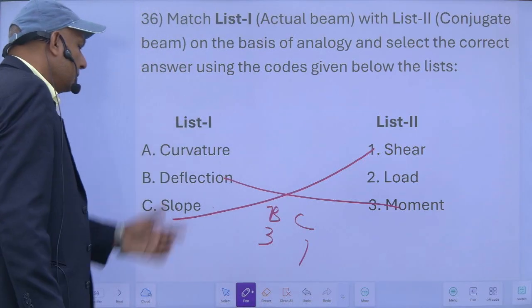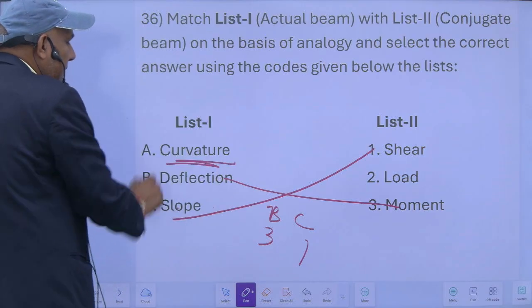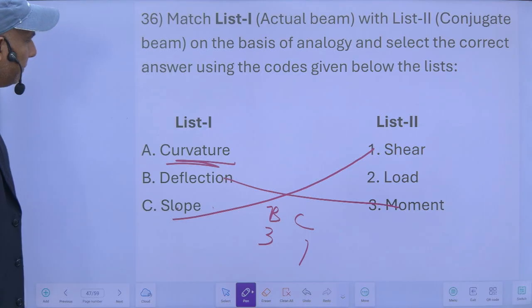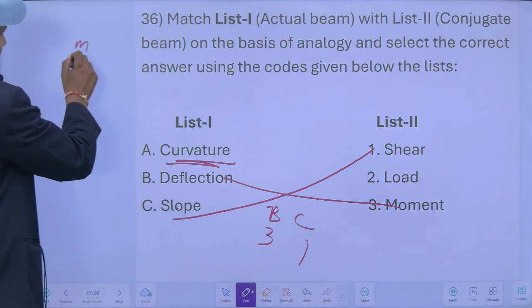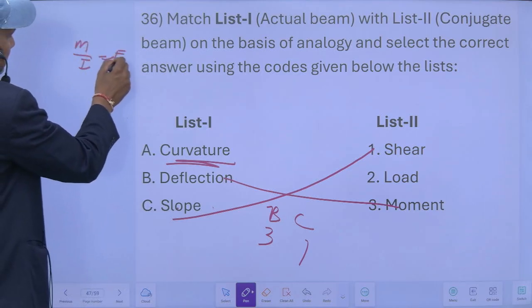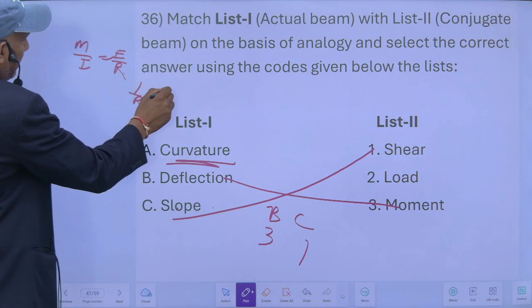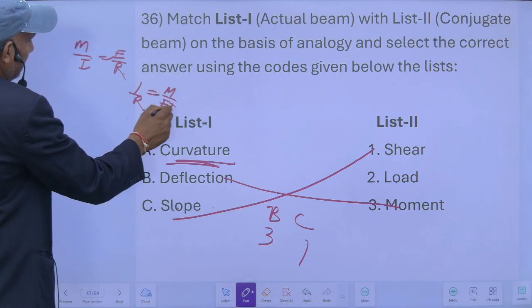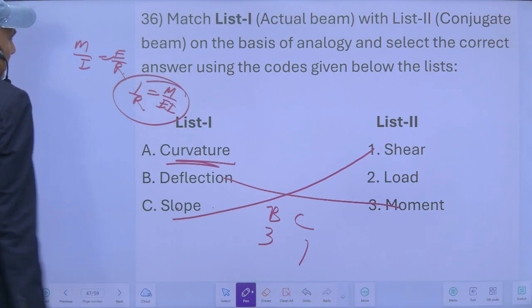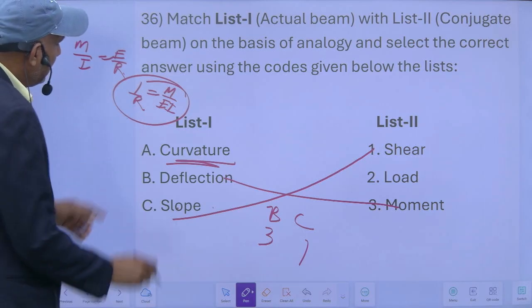And what is curvature? Basically M upon EI is equal to E upon R, so 1 upon R is equal to M upon EI. So 1 upon R means curvature.